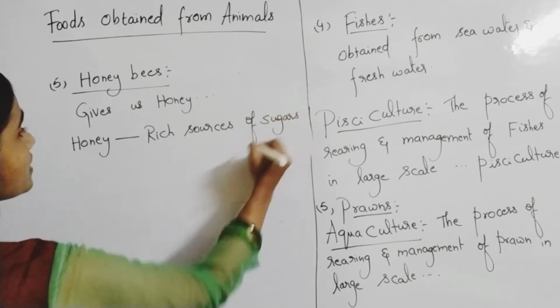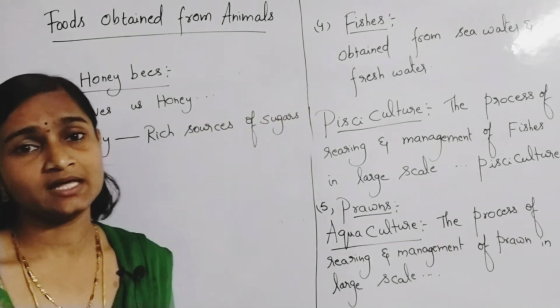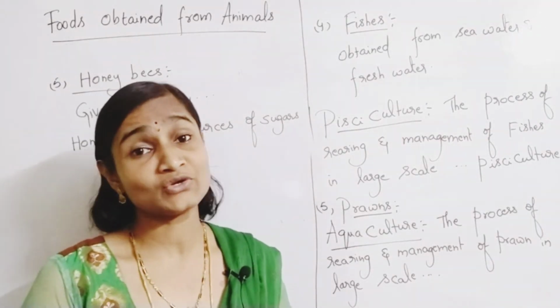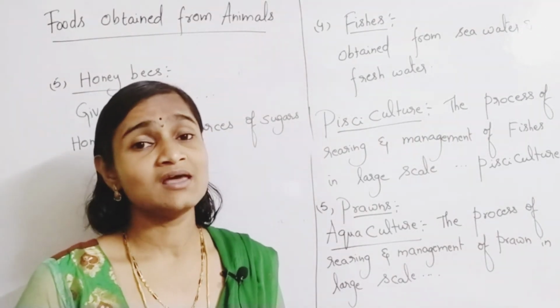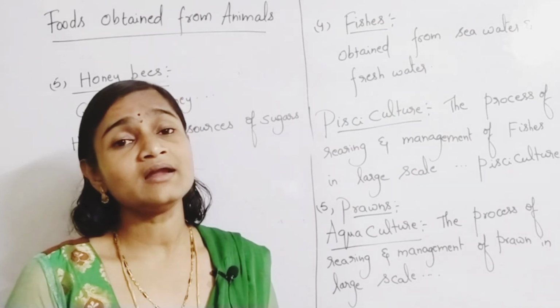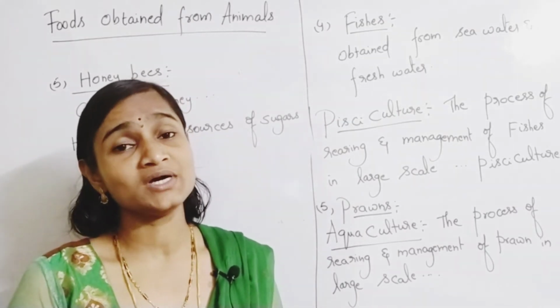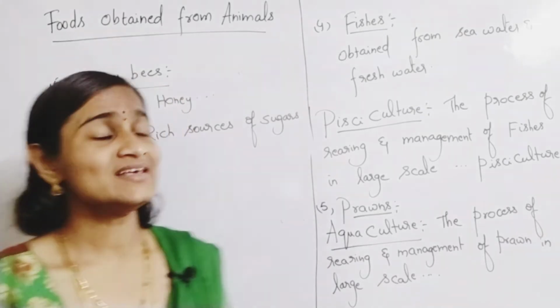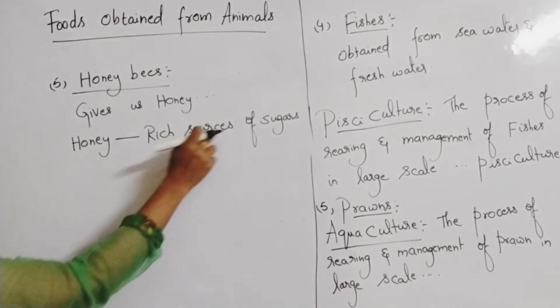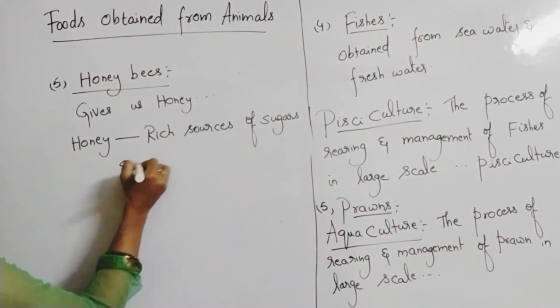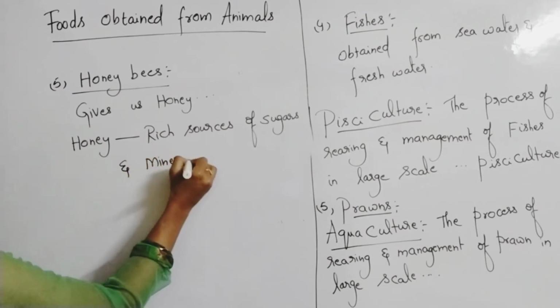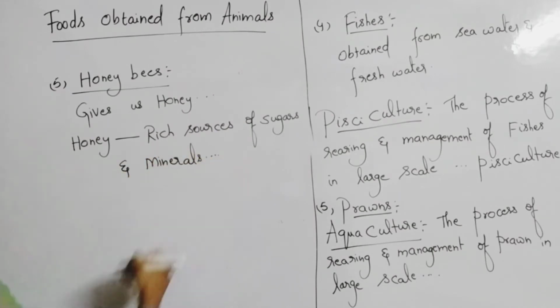There are so many types of sugars, like sucrose, fructose, glucose, lactose. All those are different kinds of sugars. You will be learning about those sugars in your higher classes. So honey is a rich source of sugars and minerals also.